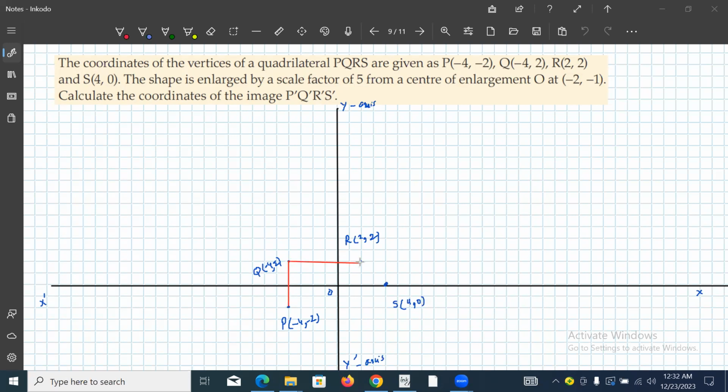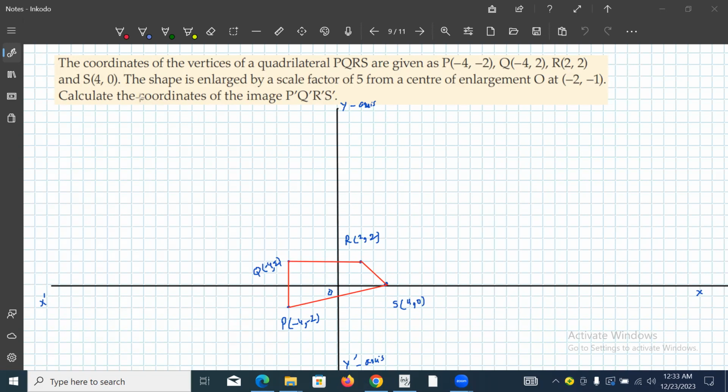Then you can go straight here, and then it must be perfect so that we can find our enlarged shape in a better way. So this is our required quadrilateral. Once you have plotted and connected all these points, we find it's a quadrilateral.